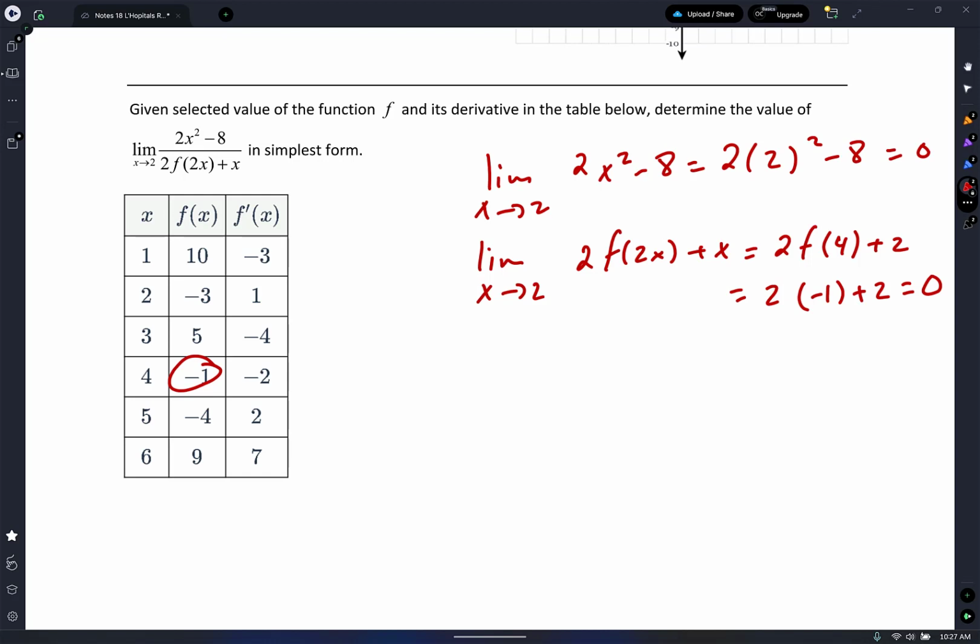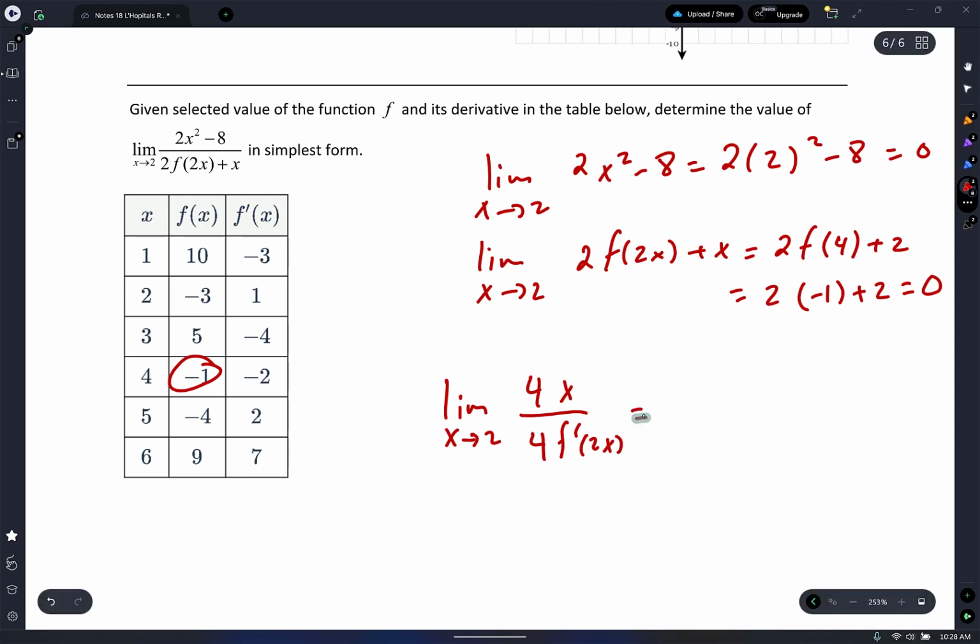All right, here we go. Negative 2 plus 2 is 0. Oh, I already did that. Okay, do we get 0 over 0? Yes. So can I use L'Hopital's rule? Yes. Here we go. Limit as x approaches 2. And I'm taking the derivative of the numerator, 2x squared, so it's going to be, what, 4x? Over 2f prime of 2x times 2, so it's going to be 4f prime of 2x. Plus 1. Plus 1. Thank you, guys.